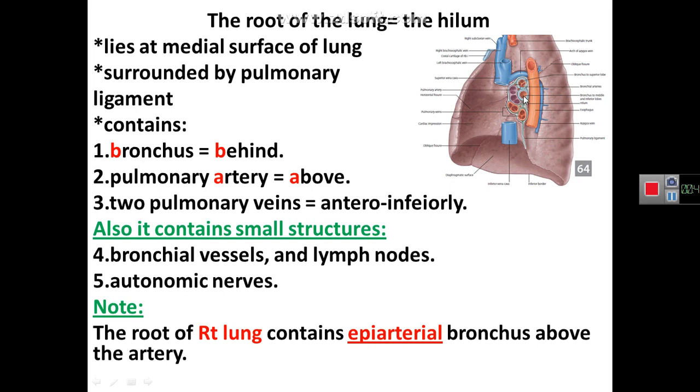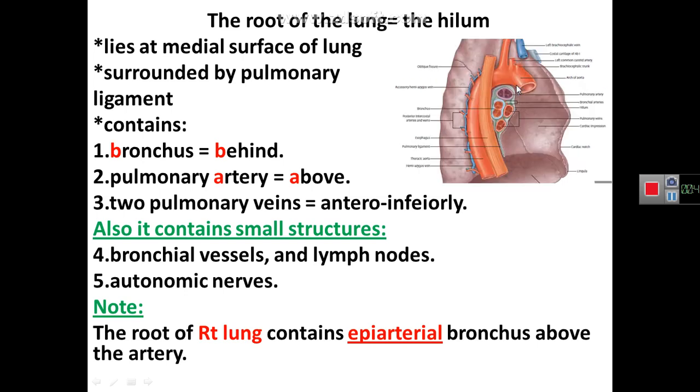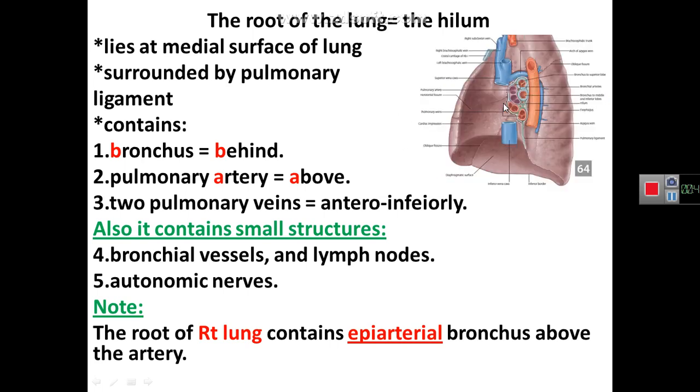So in the root of the right lung, the hilum of the right lung, you have a bronchus behind, an artery above, and 2 veins antero-inferiorly. But in addition, you have an epiarterial bronchus above the artery. Such an epiarterial bronchus is not seen in the root of the left lung. It is only a feature of the right lung.